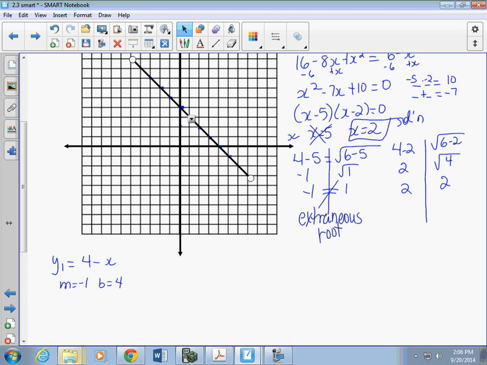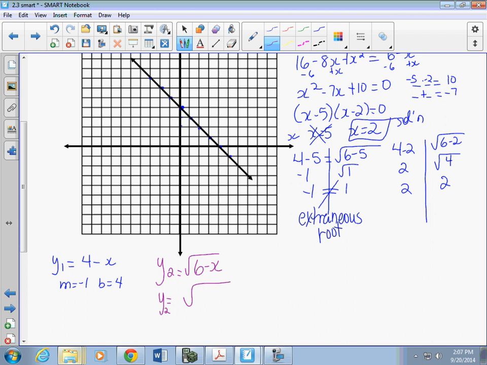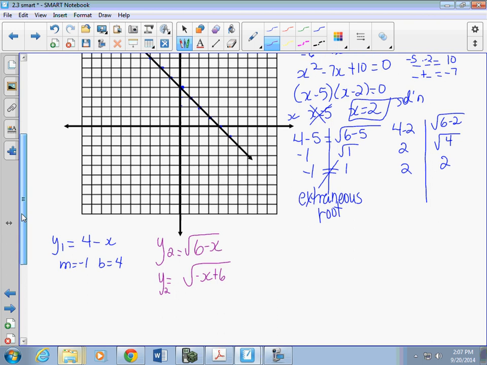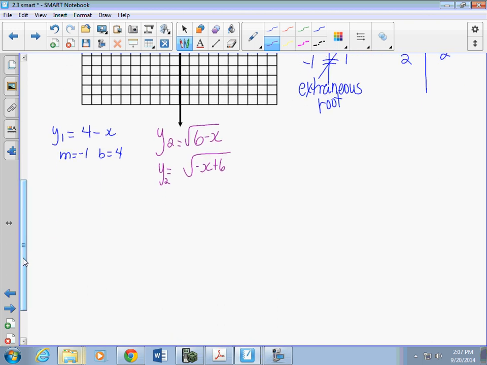Okay, so that was my first graph. Now for my second graph, my y2, I have square root of 6 minus x. So that's like saying negative x plus 6. This negative is right beside the x, so that means I have to factor it out.